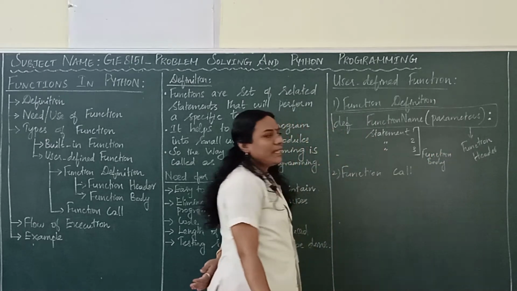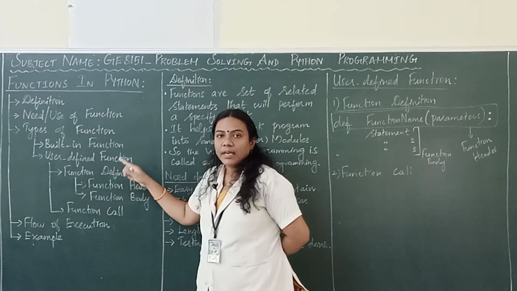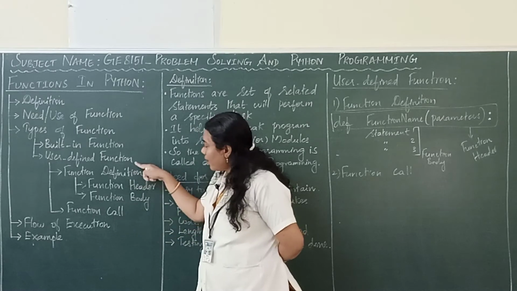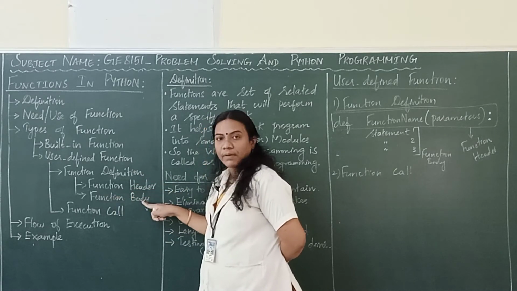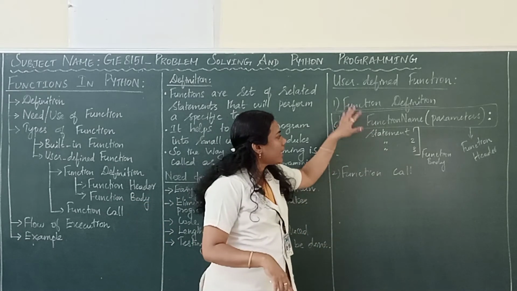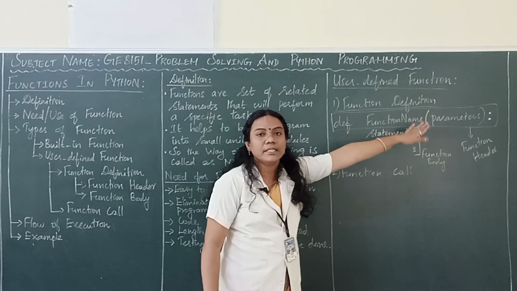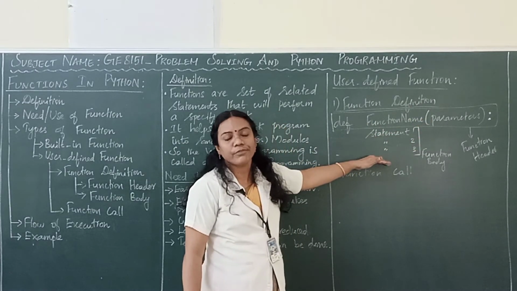So for a user defined function, it contains two components, function definition and function call. Function definition contains two parts, one is function header, another one is function body, right. In this syntax, the first line, the def line up to that colon, is mentioned as function header, and the remaining statements represent the function body.